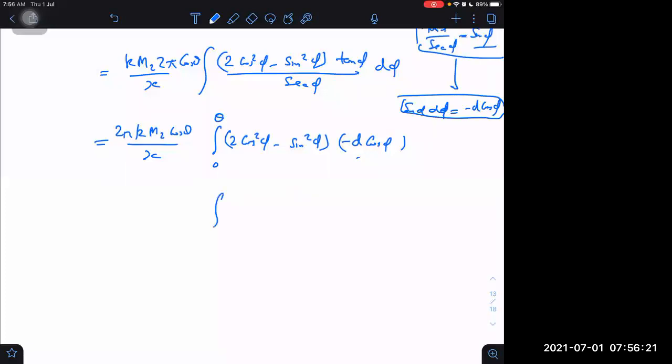It will become 3 cos square phi minus 1 into d cos phi, with the minus sign. I will cover that minus in this only, and write it as 1 minus 3, from 0 to theta. And the outside term as it is.